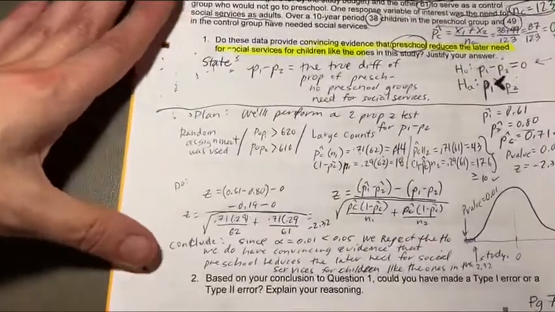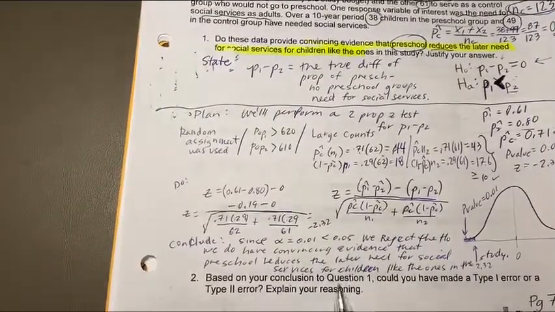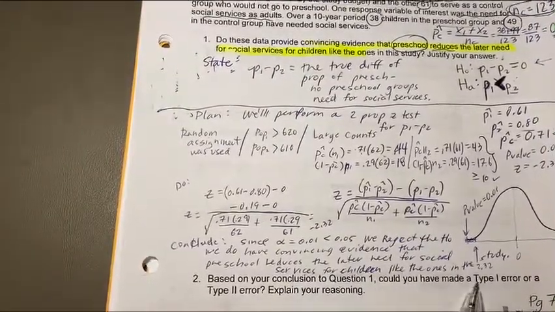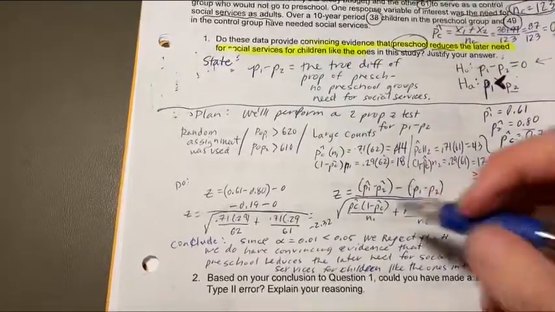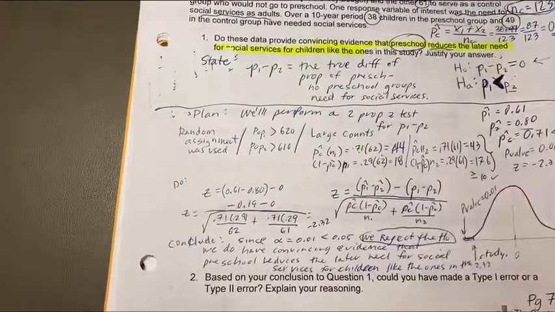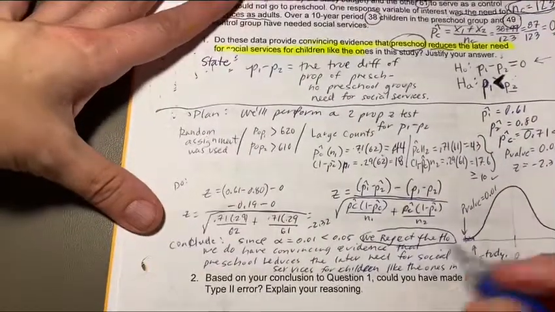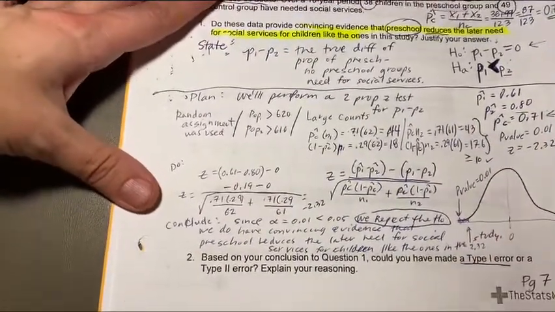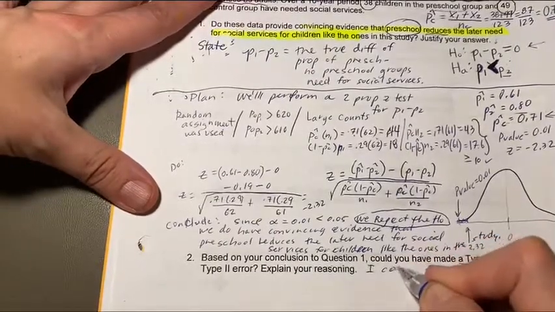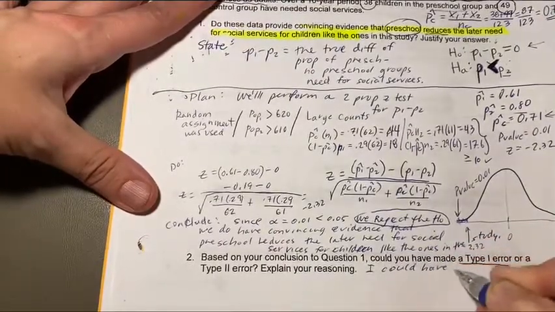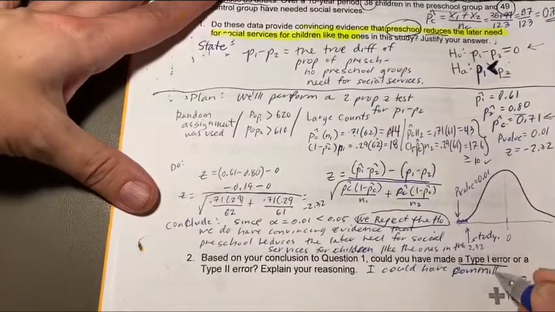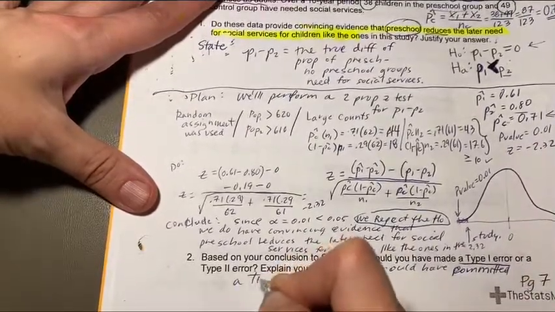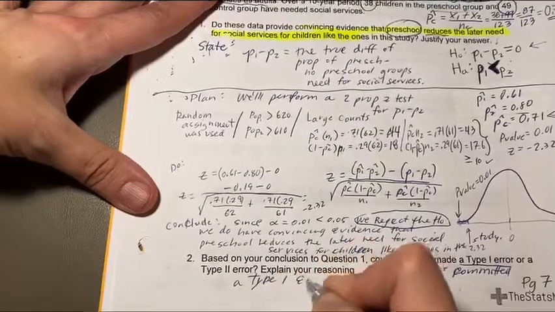Okay, now what? Based on your conclusion to question 1, could you have made a type 1 or a type 2 error? So I walked through door number 1, right? I rejected the null hypothesis. So I maybe could have committed a type 1 error.